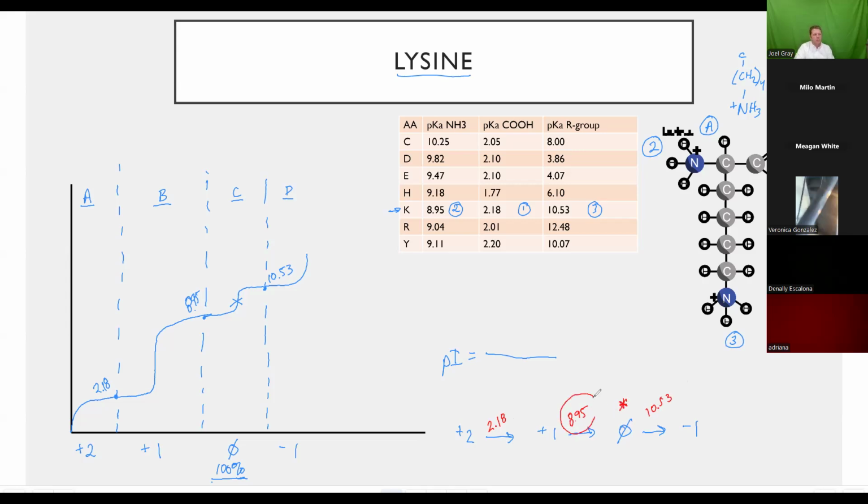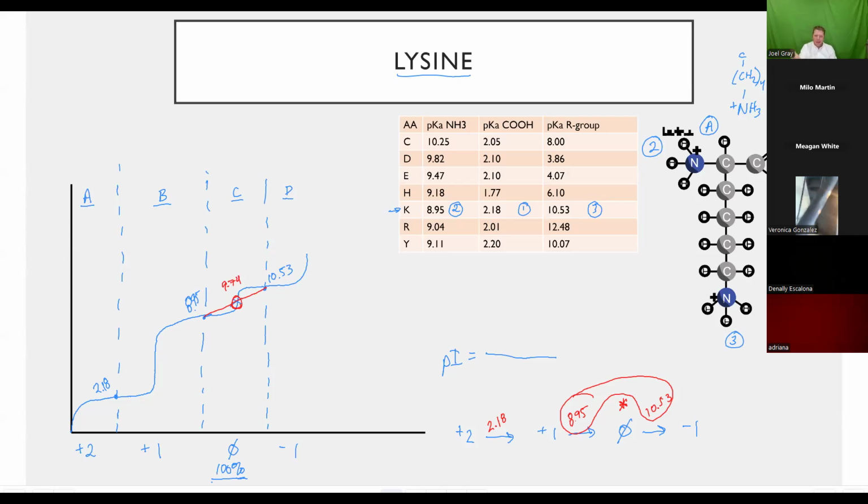So I'm going to take this pKa and this pKa, add them up, and I'm going to get 19.48. Then I divide that by 2, because that's going to get me the place right between those two numbers. It's going to be approximately 9.74. So another way of wording that is my molecule is least soluble at a pH of 9.74.